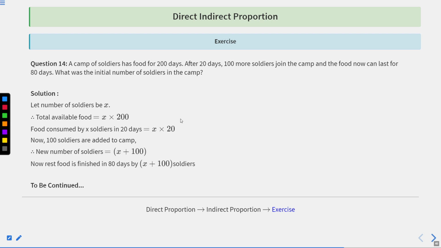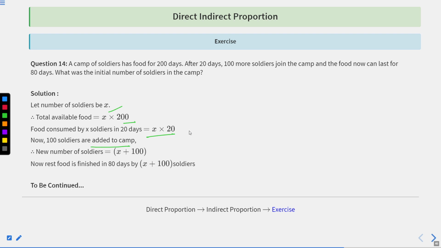So the solution, let the number of soldiers be x and total available food is equal to x into 200. So the food consumed by x soldiers in 20 days will be x into 20, and now 100 soldiers joined the camp. That means the new number of soldiers is going to be x plus 100.